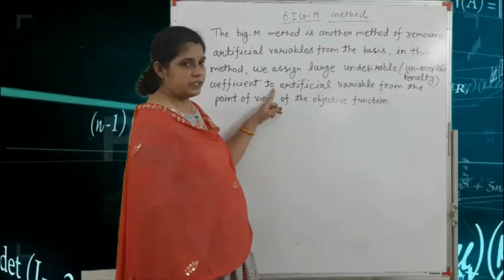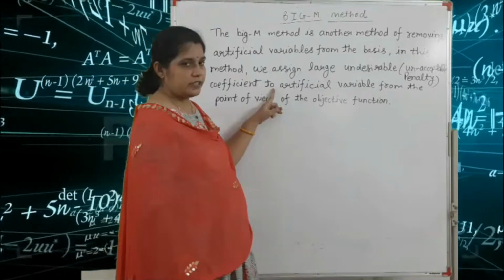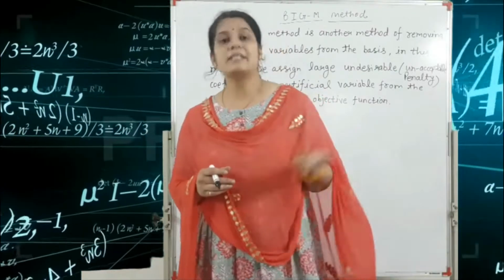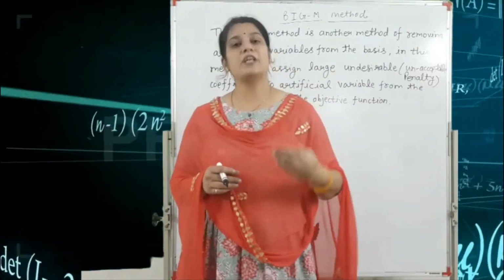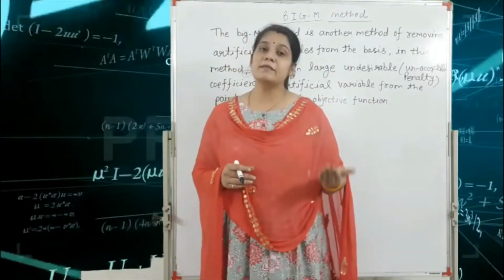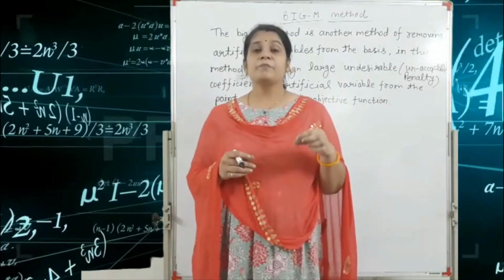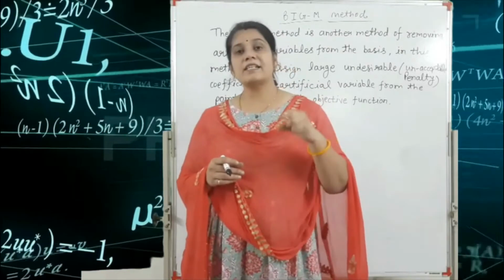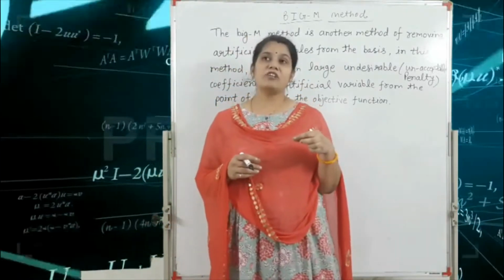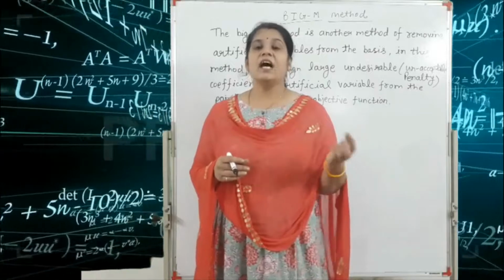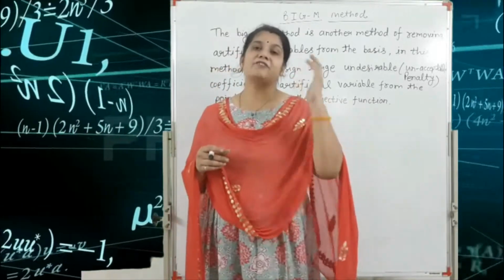In the Big M method, listen carefully: if your objective function is given in the maximization format, we assign the minimum largest value. Minimum largest value means not an infinite value but an uncountable value, multiplied by the artificial variable.